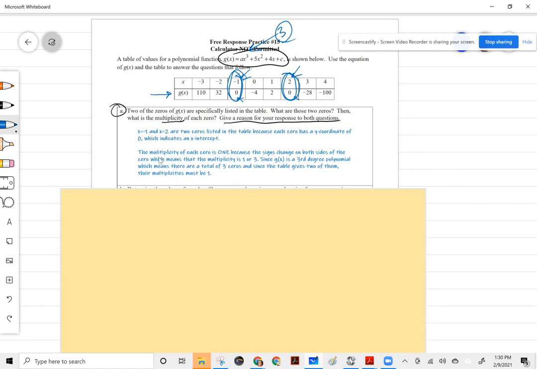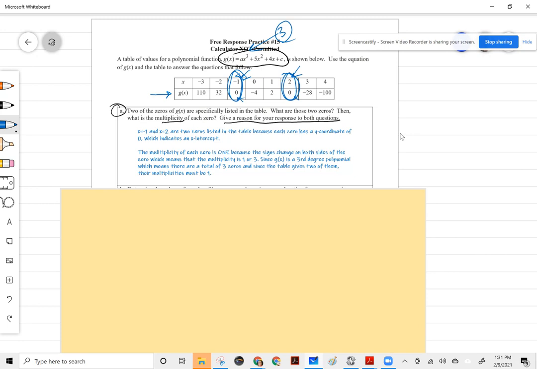And so here is an adequate response. The multiplicity of each zero is 1 because the signs change on both sides of the zero, which means that the multiplicity is 1 or 3. Since g of x is a third degree polynomial, which means there are a total of 3 zeros, and since the table gives 2 of them, their multiplicities must be 1.